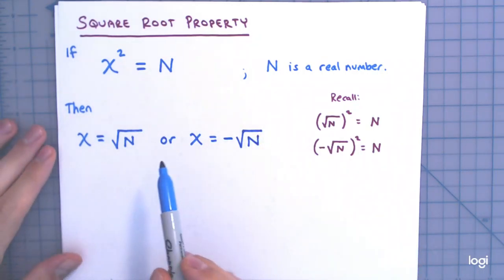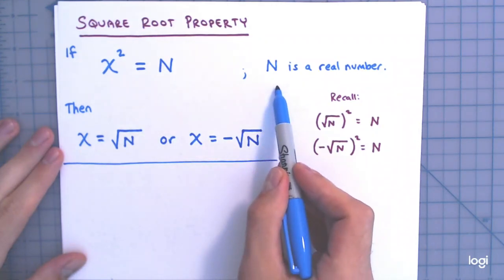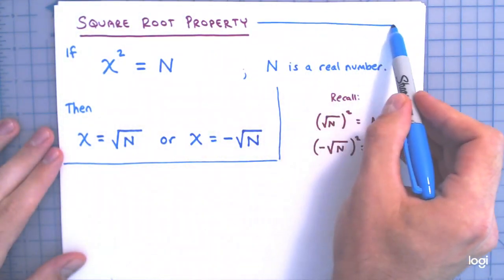All right, so this is it right here. This is the square root property.